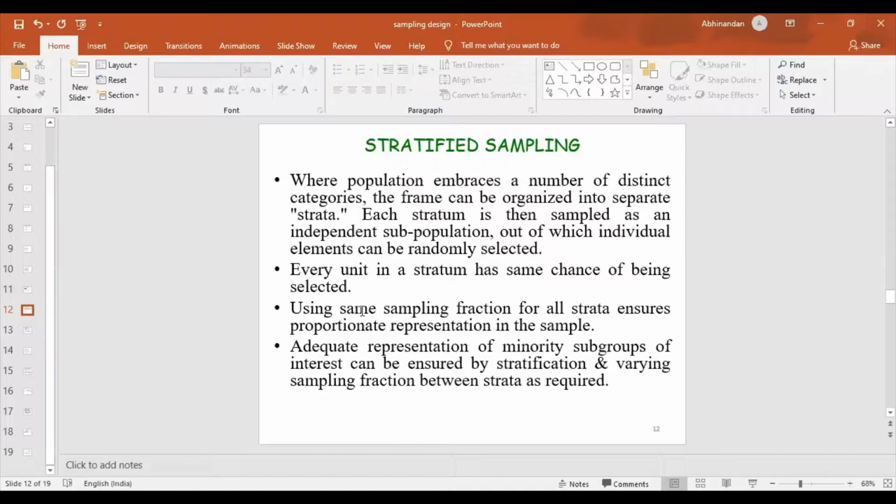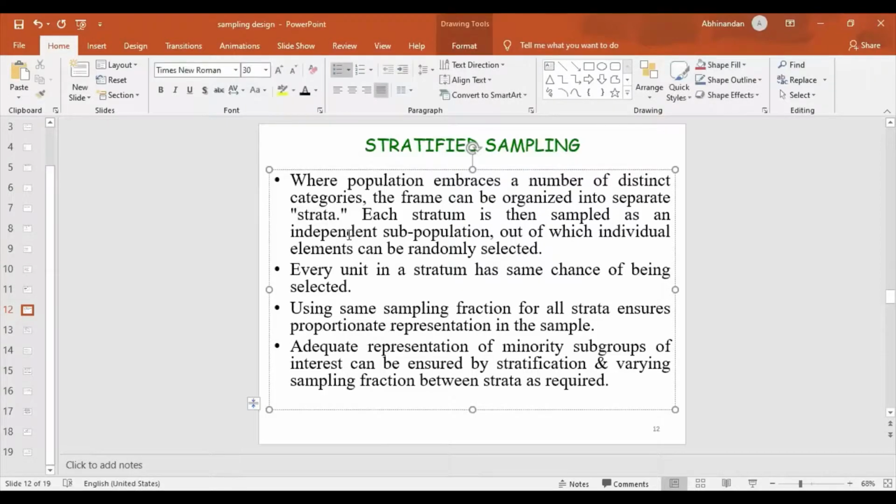So we have to divide the whole population into some groups. We call it a strata or group. Based on some criteria, you divide the whole population into subpopulations. Then you select a sample unit from each group or each category randomly. That is called stratified sampling.